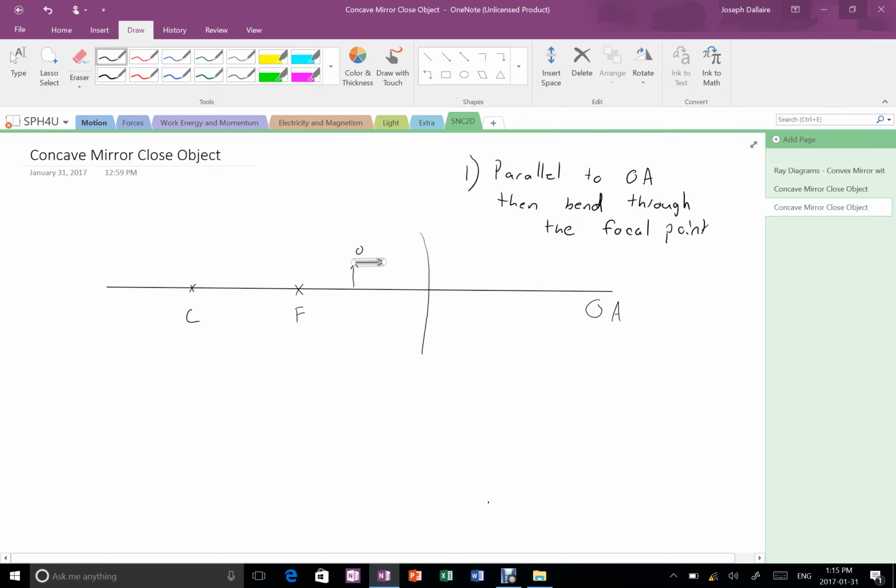So when this ray bends through it, it's real light bending through that location. So through the focal point. Just make sure we have a long enough ray here. Something like that.